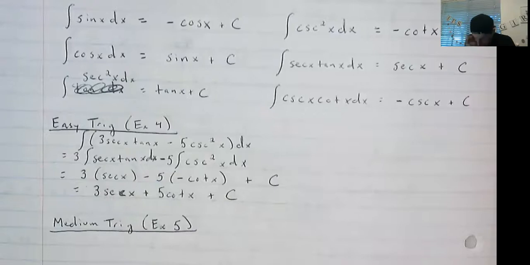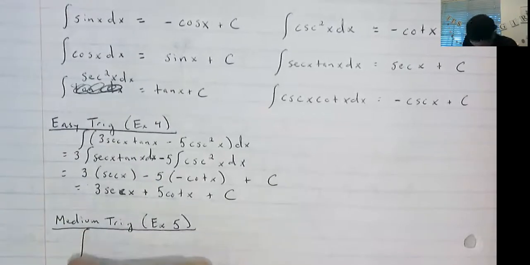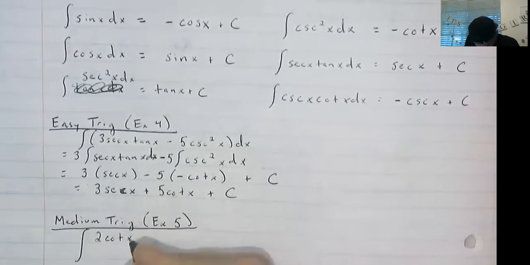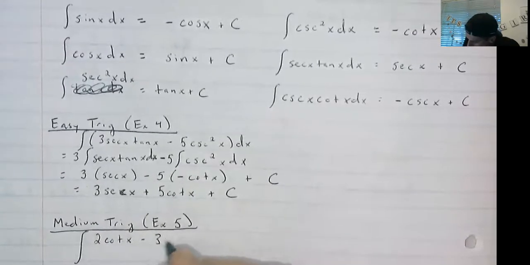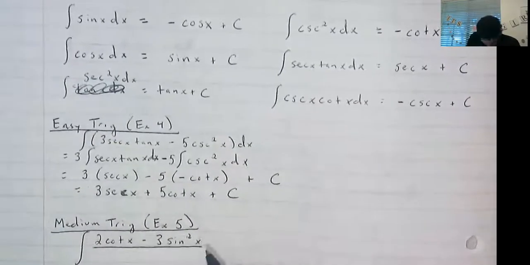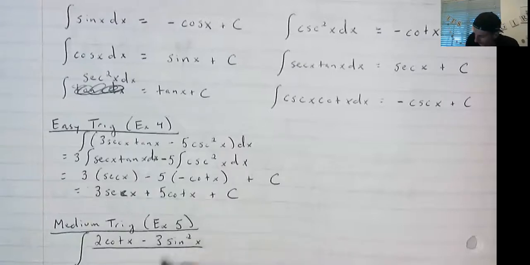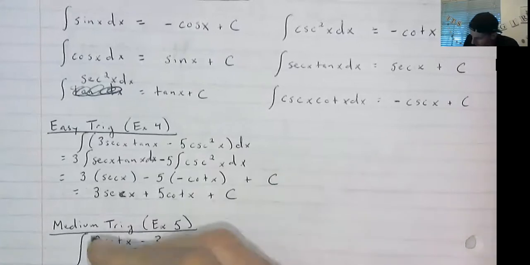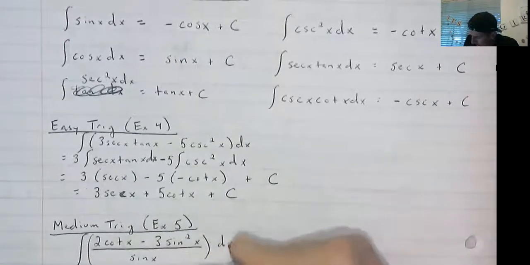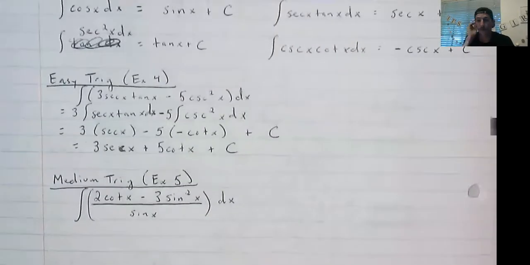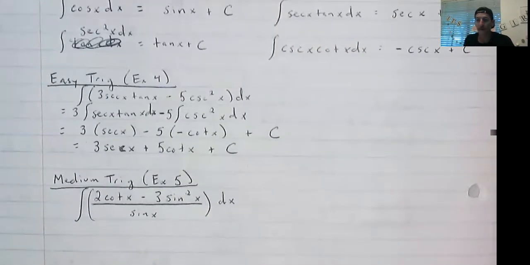Example 5 is the antiderivative of twice cotangent minus 3 sine squared divided by sine, and that's all dx. So medium trig is going to probably require us to do at least some sort of rearranging or application of some basic trig identities.